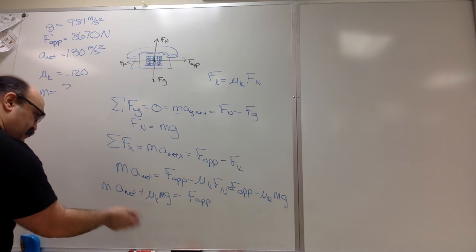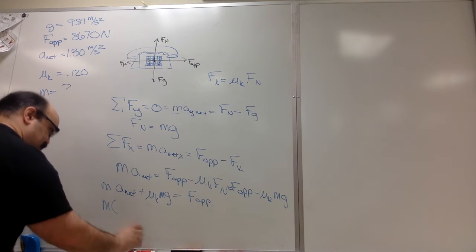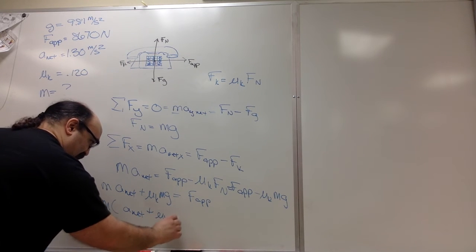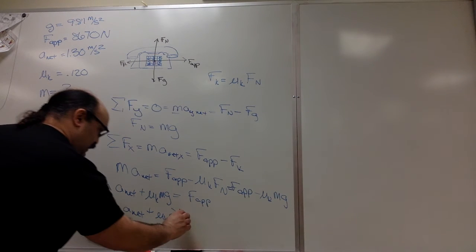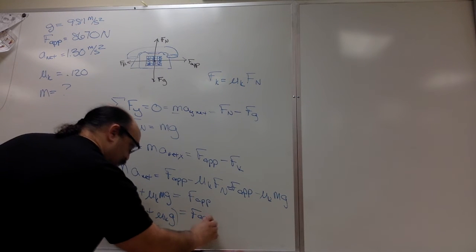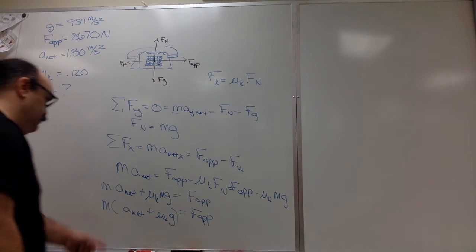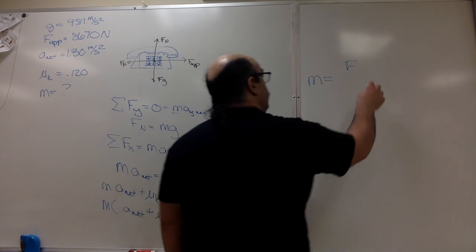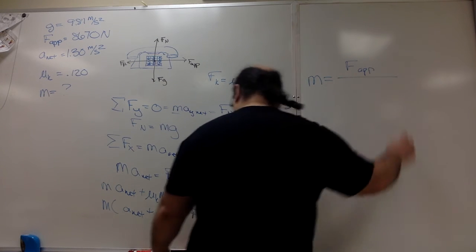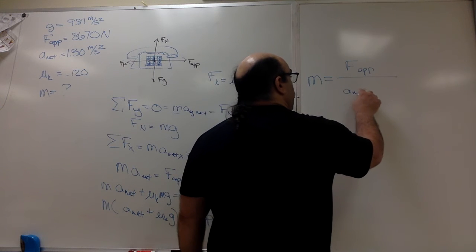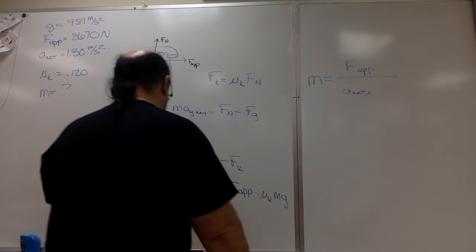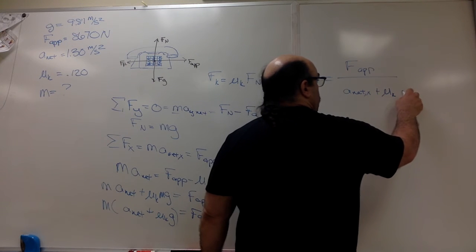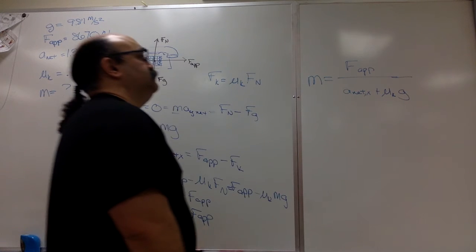Isolate the m, pull it out, we get m times a net plus mu k g must equal the applied force. Pretty simple then. M must equal the applied force divided by a net in the x direction plus the coefficient of friction, mu sub k, times g.